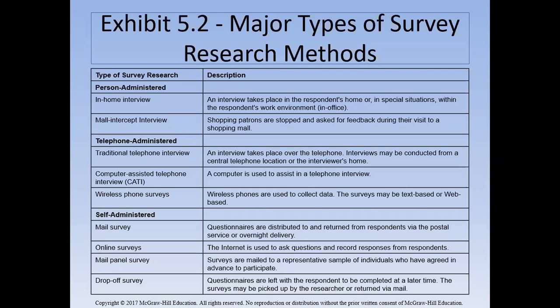The mail panel survey is usually sent to companies, asking, say, 5 or 6 people to answer the same questions, and you have to mail it back. And the drop-off survey is where somebody comes in and gives the front desk a survey that has to be answered by them. Is there any question?